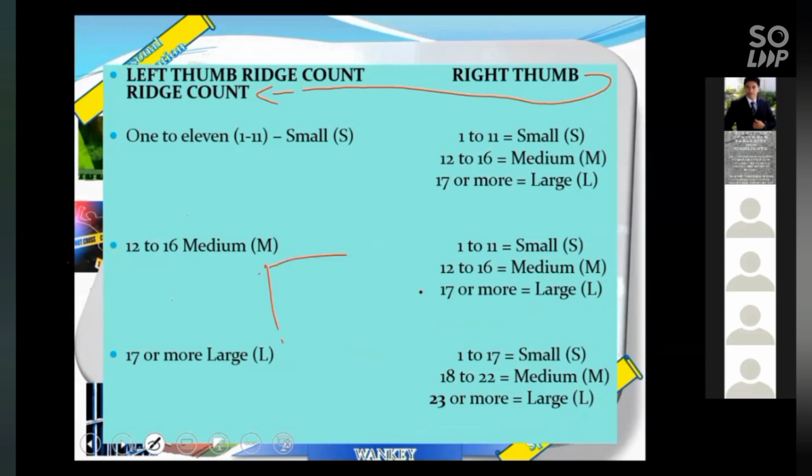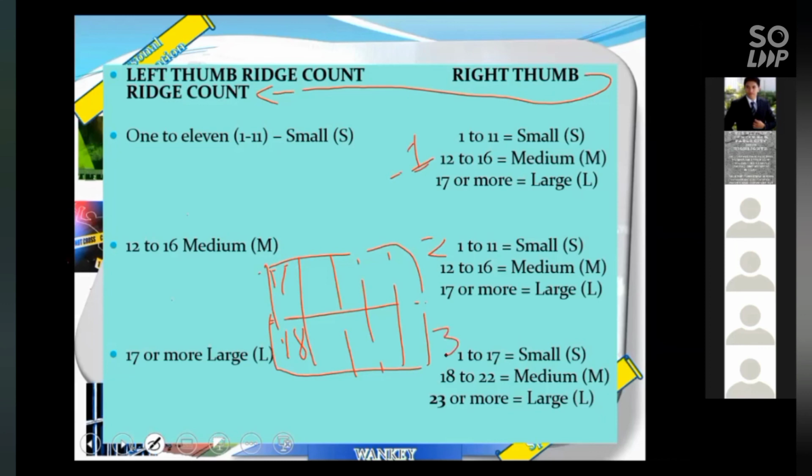So, for example, again, only the thumbs will be taken. What is written here is 17 and 18. Let us get first the left thumb so that we know whether we are going to make use of formula 1, formula 2, or formula 3.